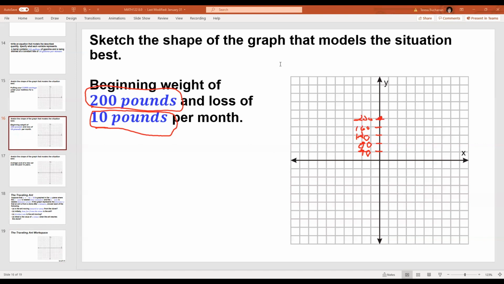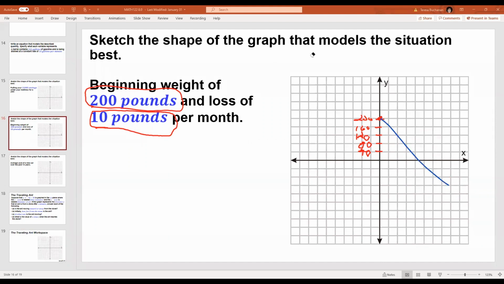But somebody's losing 10 pounds per month. So that says, as time goes forward, the pounds are dropping, right? As time goes forward, pounds are dropping, which says that I started at 200, but I'm going to have a negative slope.